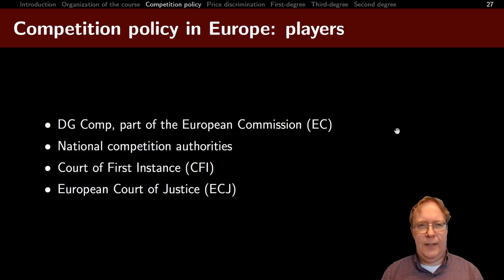Europe is also interesting. In Europe, we have DG Comp, part of the European Commission. That is the antitrust authority, the competition policy authority in the European Union. And then we have the national competition authorities as well. In the Netherlands, that's ACM, the Authority for Consumers and Markets. Whenever there are antitrust concerns within the Netherlands, that is covered by ACM.